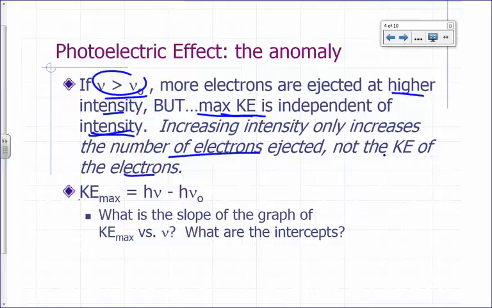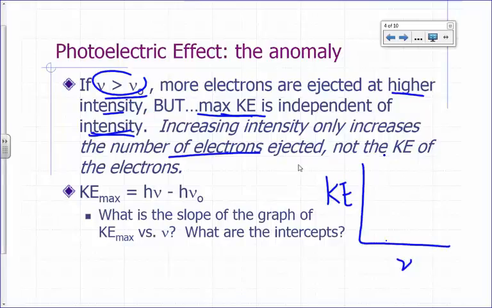Okay? In fact, if you were to plot the kinetic energy versus frequency, this is what you'll find. The equation is given by this expression right here. So if you plot kinetic energy versus frequency, you're going to get a straight line.